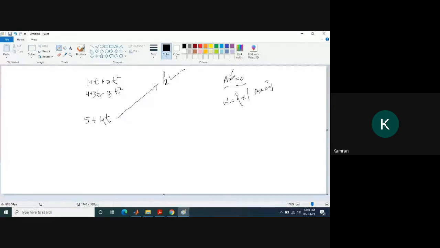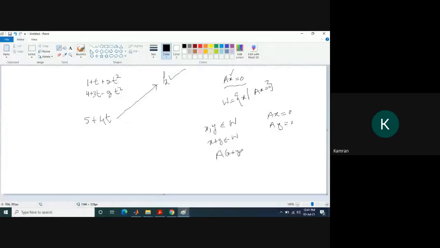So let y belong to W and x belong to W. If x belongs to W, then we must have Ax is equal to 0. If y belongs to W, then we must have Ay is equal to 0. Now we need to show that x plus y belongs to W. For this, let us consider A into x plus y.